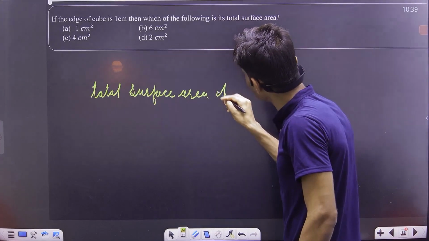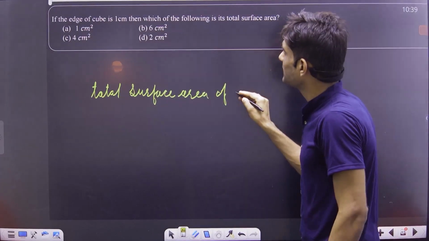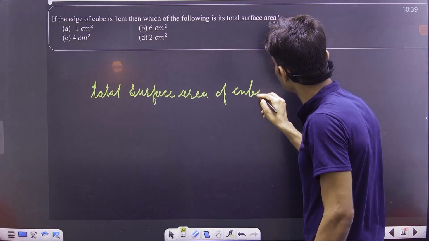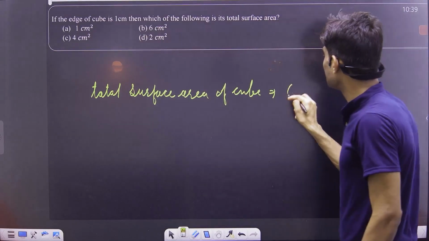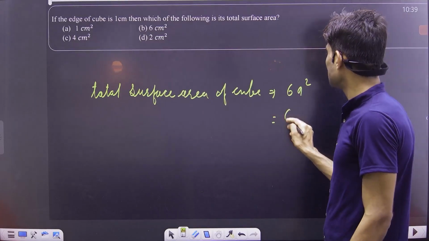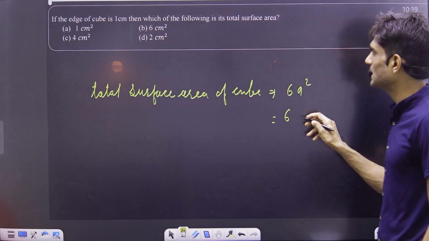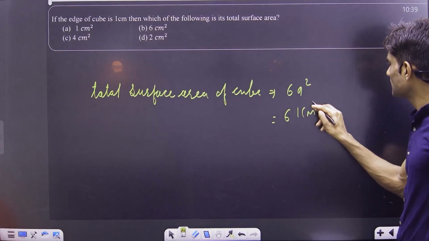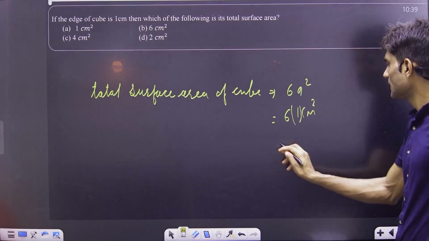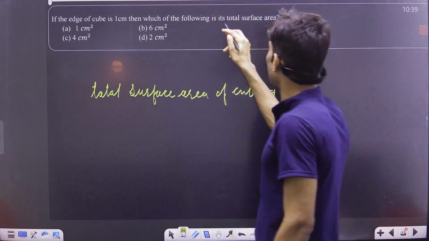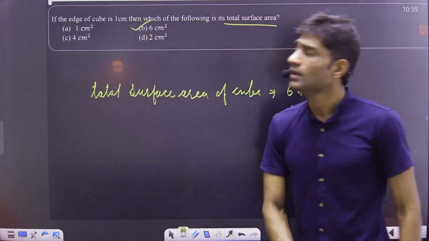The total surface area is 6 times a square, and we have 6 times one edge, which is given as 1 centimeter square. That means we write 6 centimeter square as the total surface area for our cube.